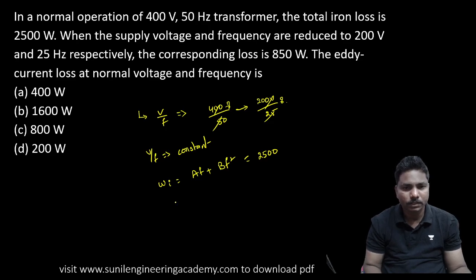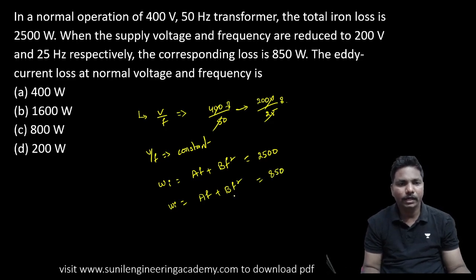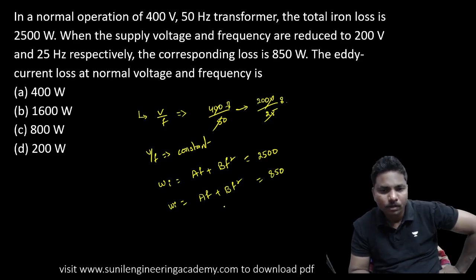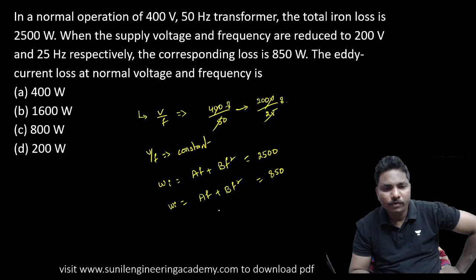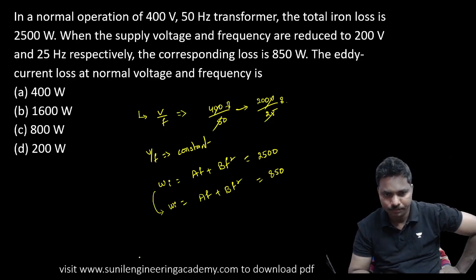Whenever this changes, the iron losses will be AF plus BF square, with value 850. Now the eddy current losses will be dash. The eddy current losses are very high compared to the hysteresis losses.